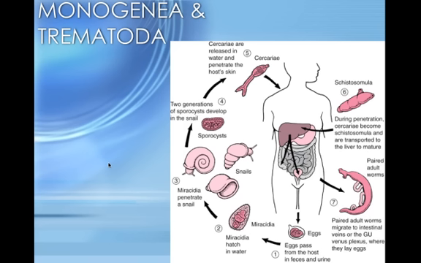If you look at the diagram of Schistosoma, you'll see that what happens is a person excretes eggs in their feces when they're infected with this worm. That winds up in the water and it hatches into a premature larva. That larva, the miracidium, finds a snail living in the water and burrows into the snail's body. Then, while it's inside, it develops 2 generations of spore cysts.